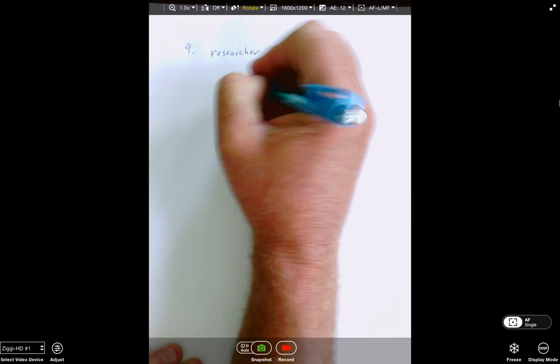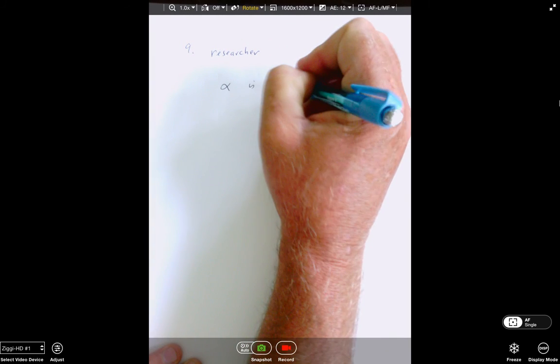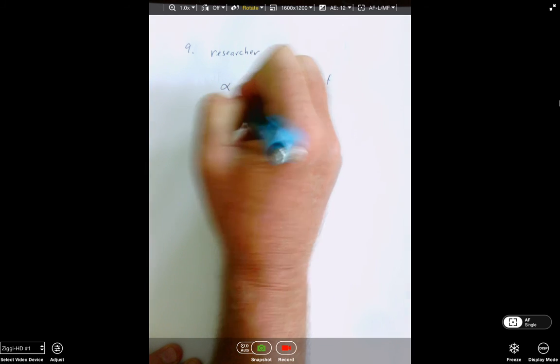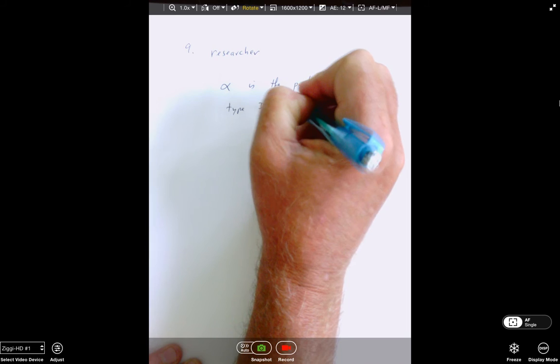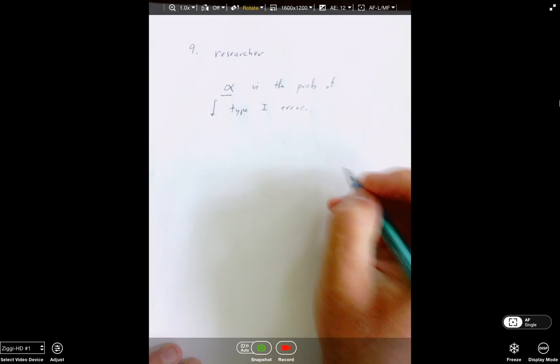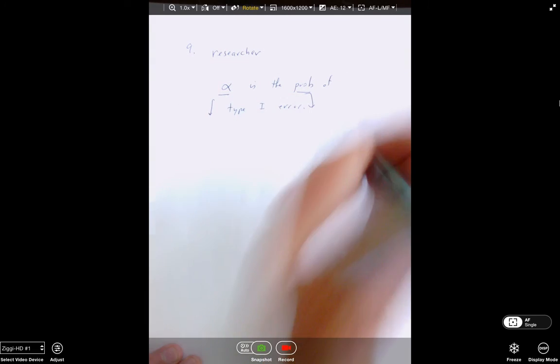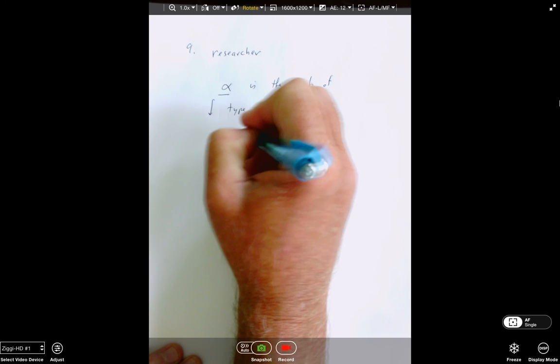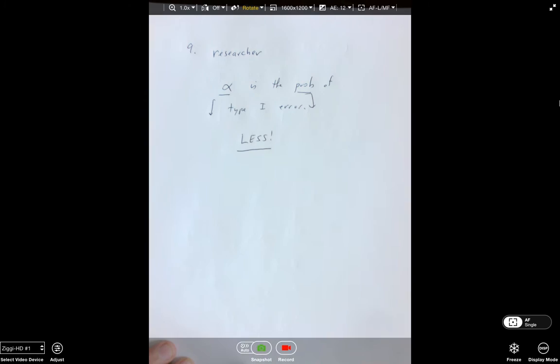Alpha is the probability of committing a type 1 error. So if you take this and lower it, then you're going to lower the probability of committing a type 1 error. You're going to commit less of those.